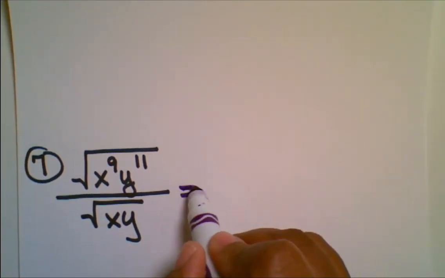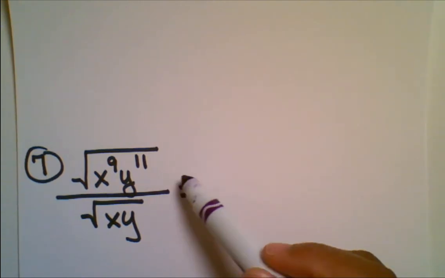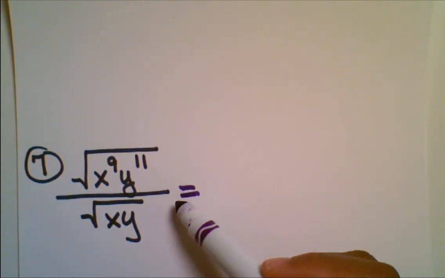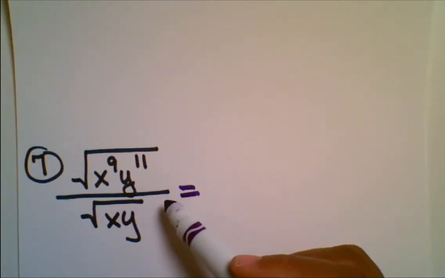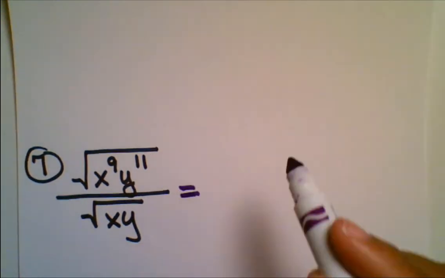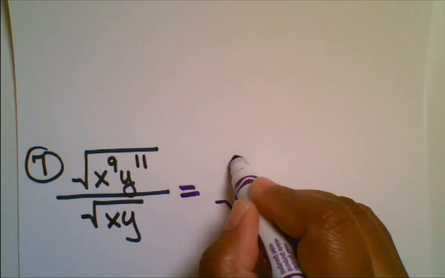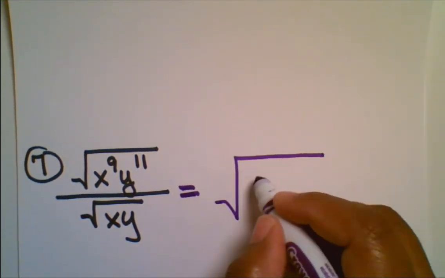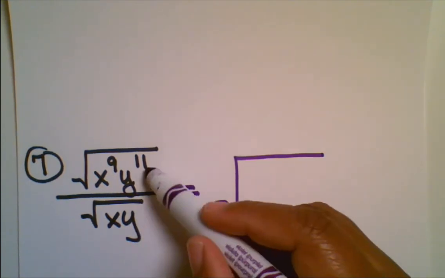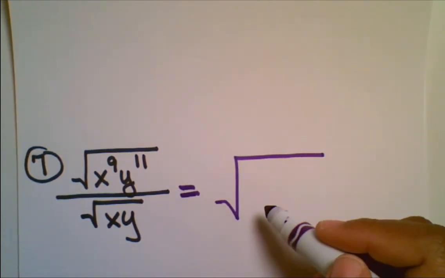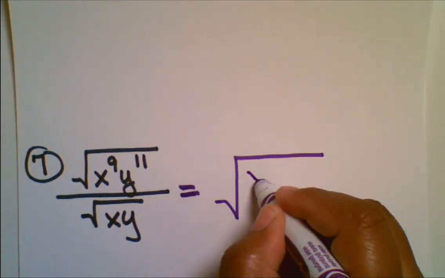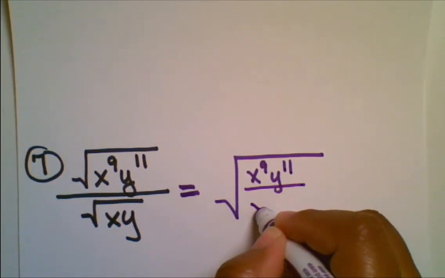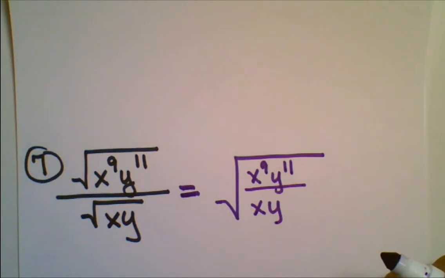I will say this, there are other ways of looking at this, but we haven't talked about the concept of rationalizing a denominator just yet, so I'm not going to introduce it here. But what we're going to do is write the radicand as one fraction. We have x to the ninth, y to the 11th, all over xy.